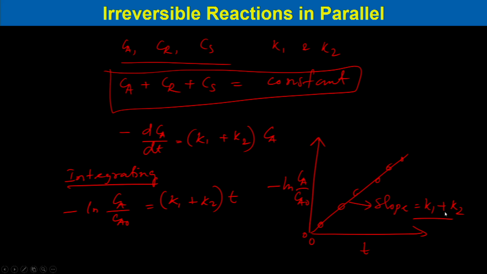So, this integral form gives the combination of k1 and k2.